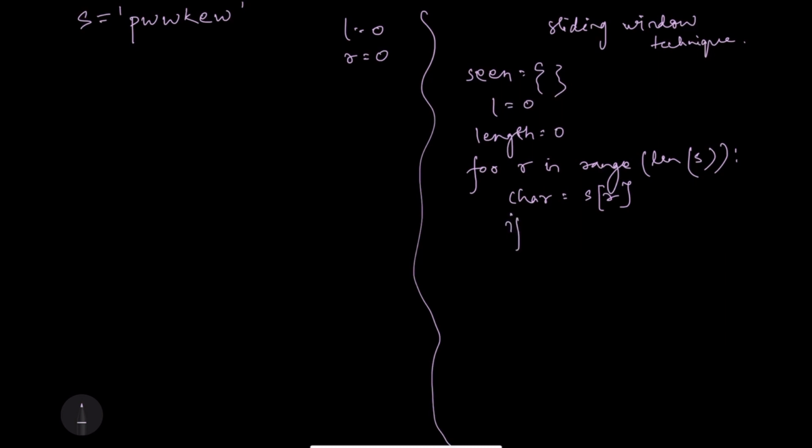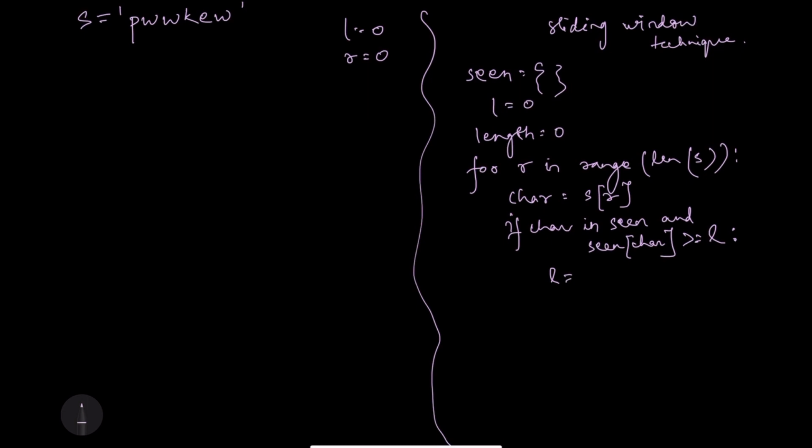Then we will check if our char is in our hash map and that character in the hash map has an index greater than or equal to L. So here we will check if we have already encountered that character before.